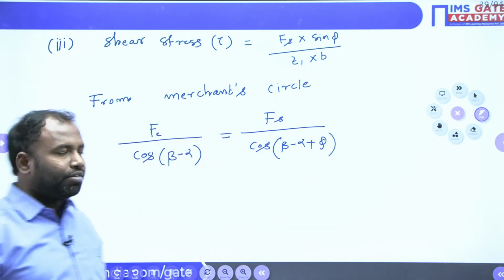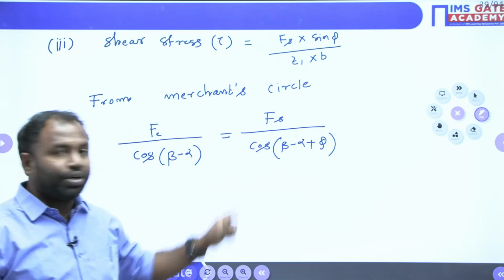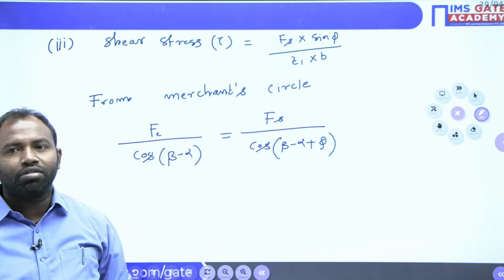We know the cutting force, and we know the friction angle, rake angle and shear plane angle. If you know all these angles and one force, it is possible to find out the shear force.